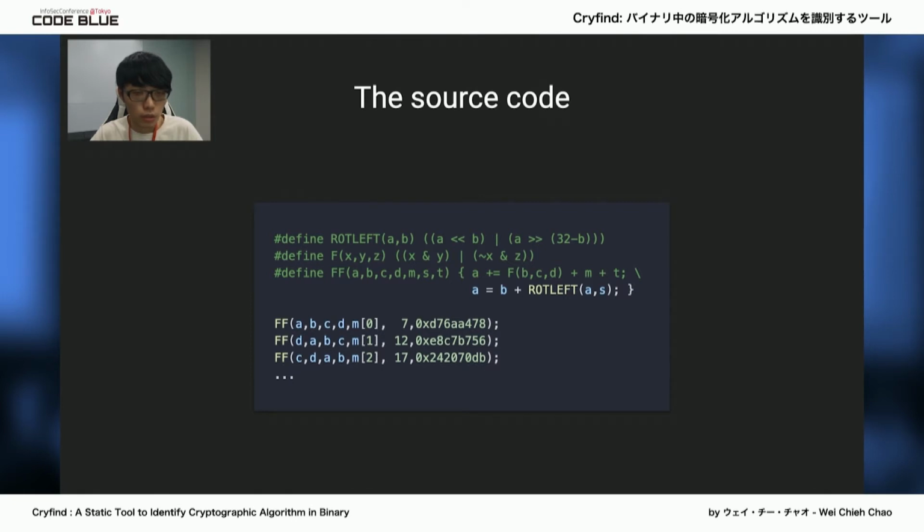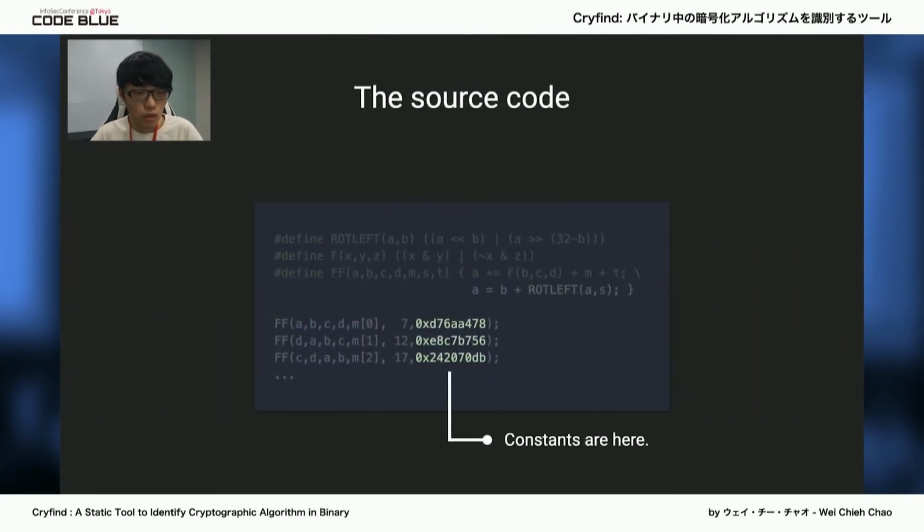Let's look at the source code of the MD5 sample implementation. You can see here the cryptography constants are indeed in the source code, and also in our cryptography constant database. So both constants are there. Then why can't the cryptography constants be found in the binary?